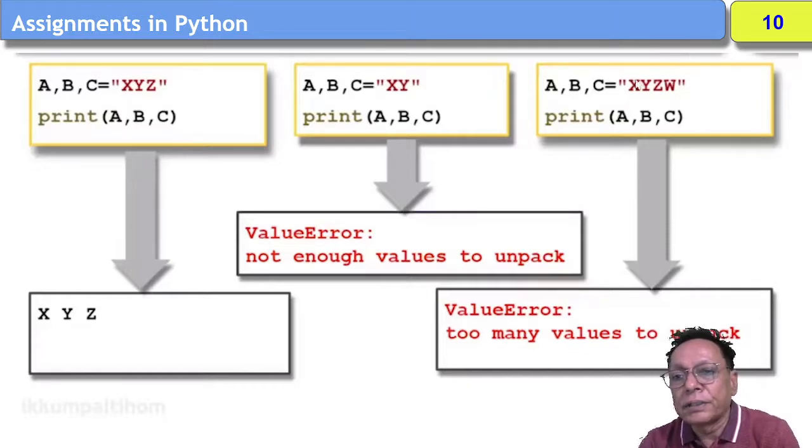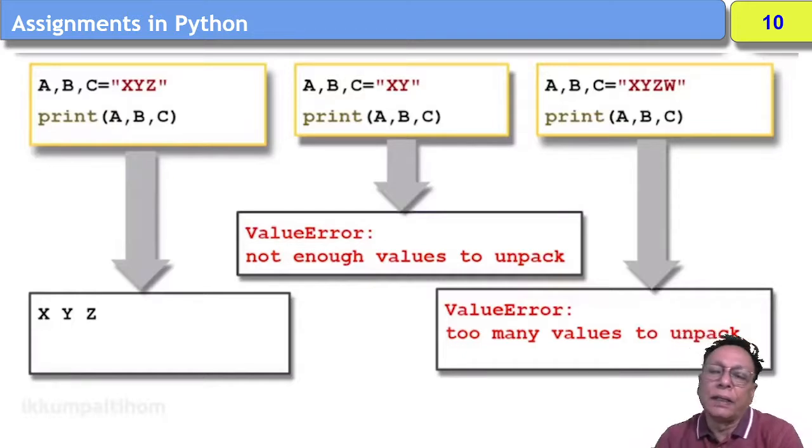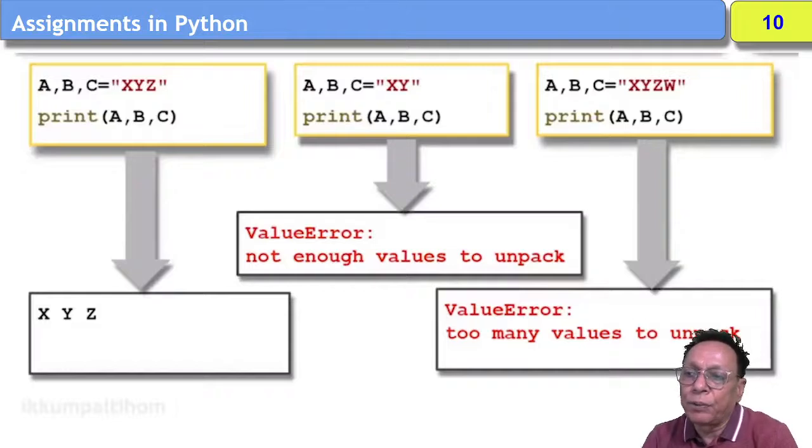In contrast to this, if we have three identifiers on the left hand side of the assignment operator and more values than identifiers, we have three identifiers here, A, B, and C, but four literals on the right side of the assignment operator.